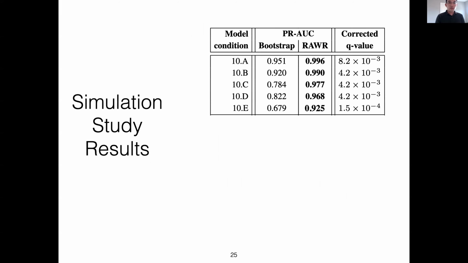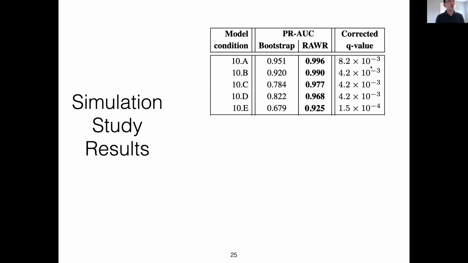Here are the results from our simulation study comparisons. I'm just going to show you results on the 10 taxon model conditions first. These model conditions are named 10.A, 10.B through 10.E, in order of generally increasing evolutionary divergence. Here I'm showing you a comparison based on area under precision recall curve for just two methods, Bootstrap and RAWR, where I'm showing the best area under curve in bold, as well as assessments of statistical significance based on a one-tailed pairwise t-test with multiple test correction.